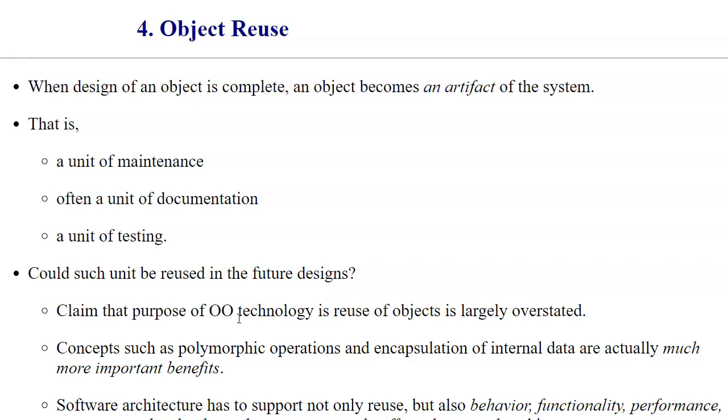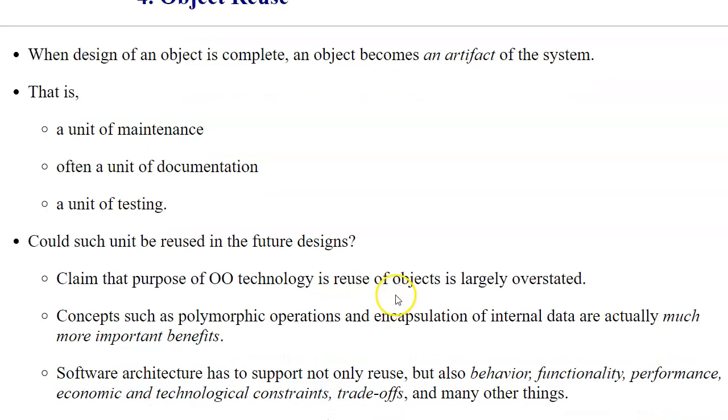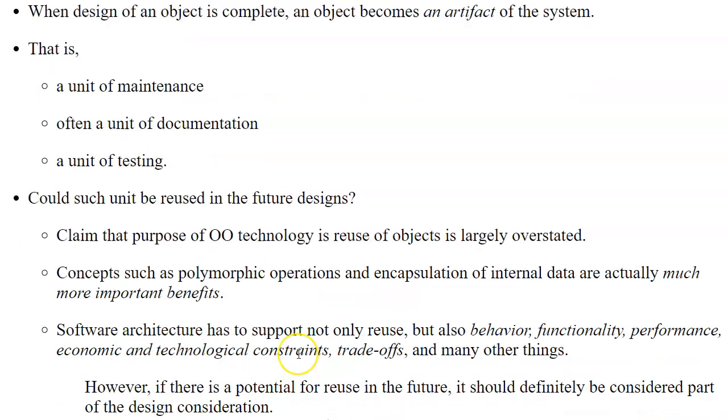So relatively speaking, it's a quite modular component of our system, and therefore there's this question: could such a unit as a fully defined class be reused somewhere else in our future designs and our future classes? Well, the answer is basically yes and no.